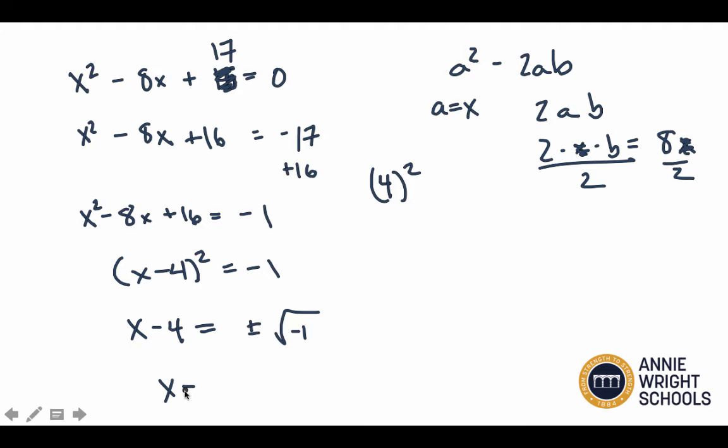And so you get x equals 4 plus or minus the square root of negative 1, which some of you might know as i. Again, making an example up off the top of my head. We're not really quite ready for that, but we will talk about this imaginary unit, so don't worry about it. But the idea is that you can isolate something and take the square root of it.